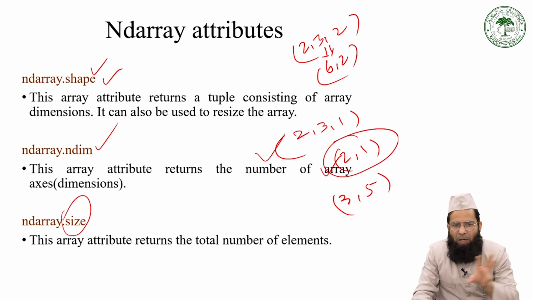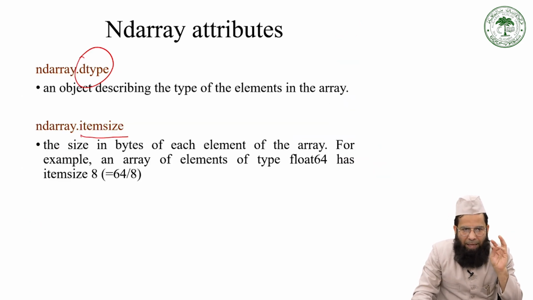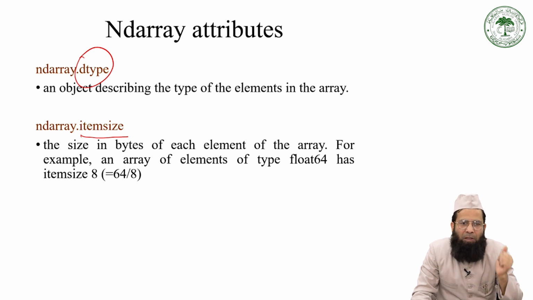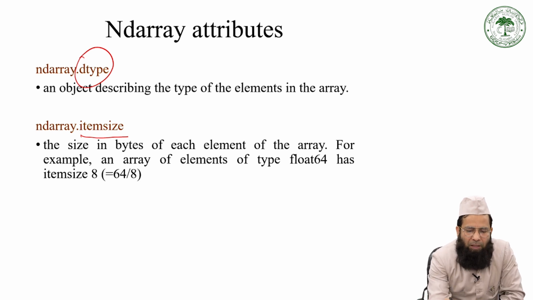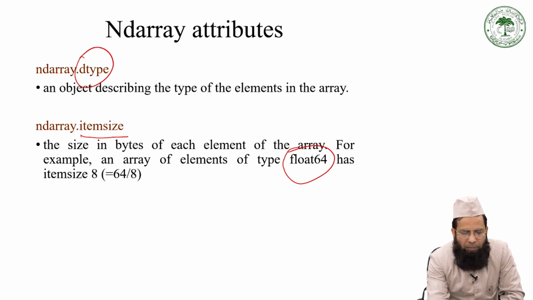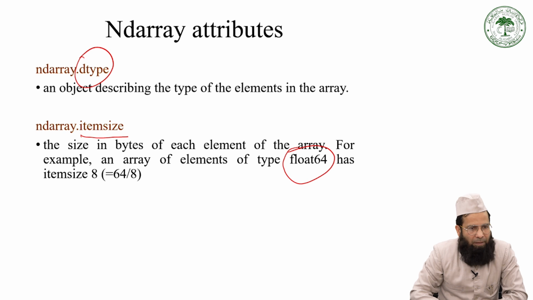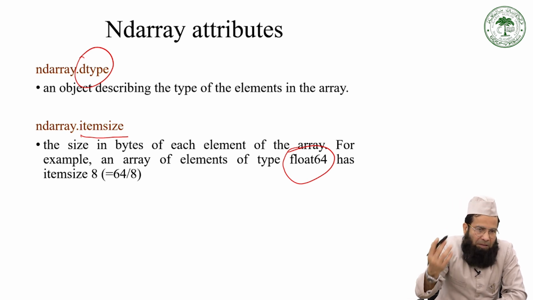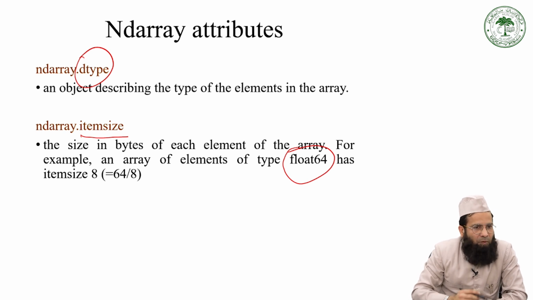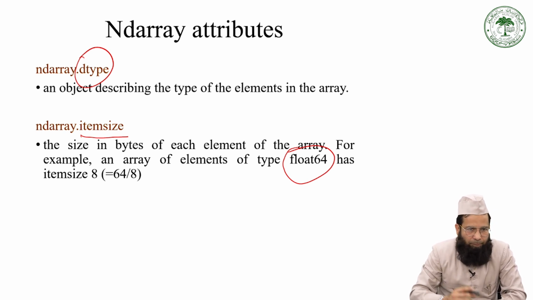Size tells the total number of elements in your NumPy array, and itemsize tells about the individual element's size. Suppose you have used float64 as the data type in your NumPy array. Then the itemsize is 64 divided by 8, so 8 would be the itemsize in this case. Similarly, if you are using integer 32, then the itemsize would be 4 bytes.